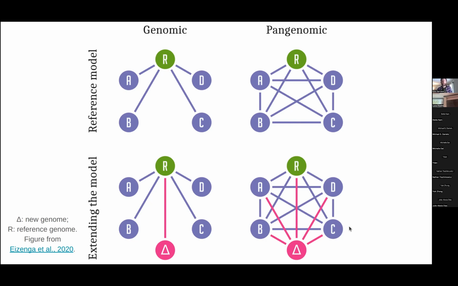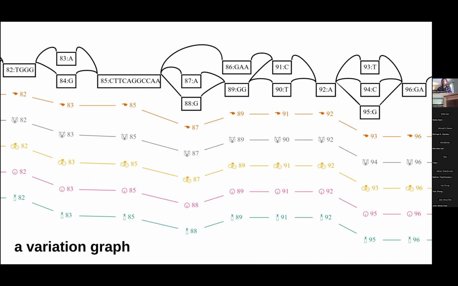So it's easier to do that, but it is just practically harder. And there are all kinds of conceptual and technical challenges that we've been resolving as we've built out this kind of space. So the model I'll be focusing on in a lot of the talk today, a lot of the discussion, is called a variation graph.